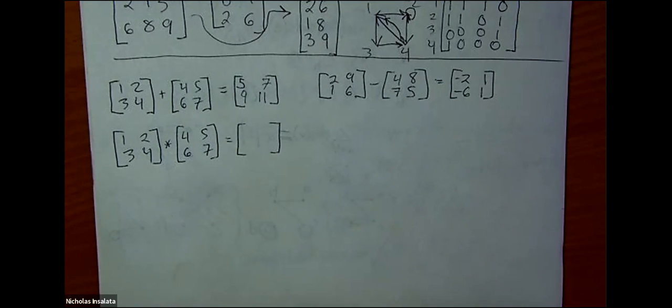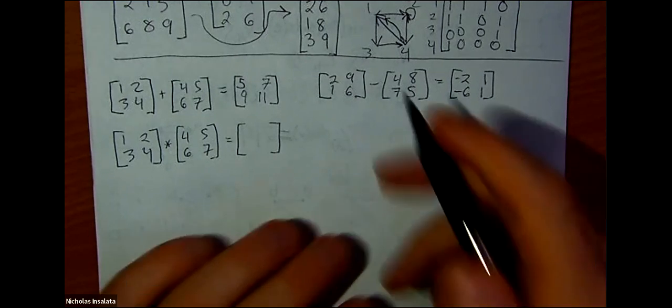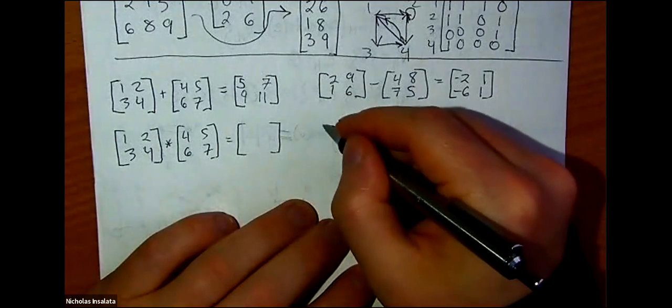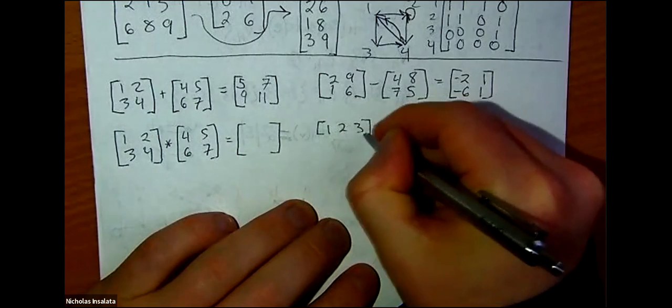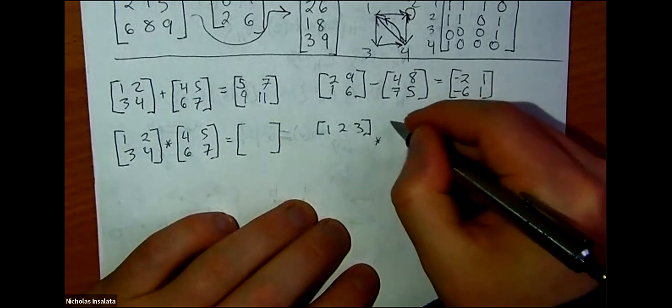Anyone remember how it works? Anyone have a numeric answer for me? You don't. Okay. Let me start with a simpler one. What if I just have a row vector like 1, 2, 3 times a column vector like 4, 5, 6?